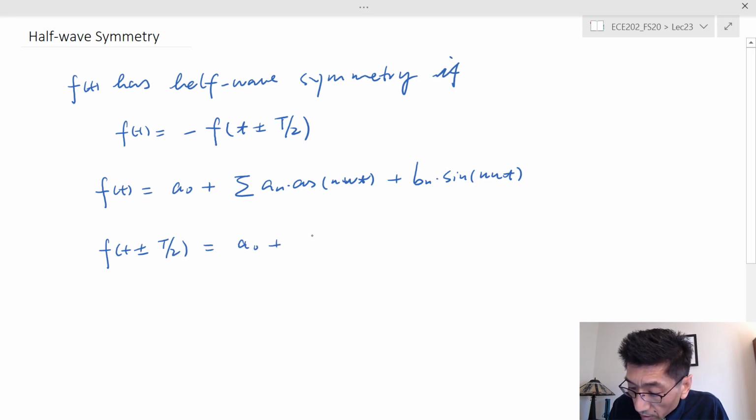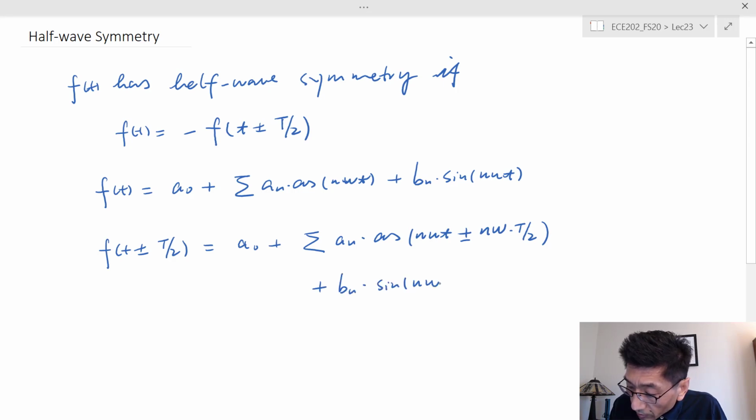And that's going to be equal to a0 plus a sub n times cosine of n omega t plus or minus n omega T over 2, right? And then we have plus b sub n times sine of n omega t plus or minus n omega T over 2.